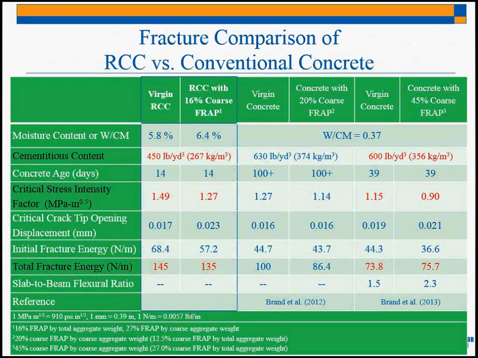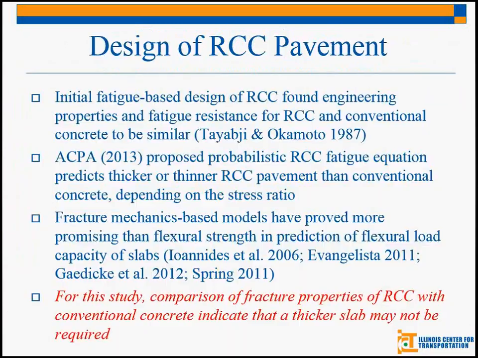And again, this is important for pavements, because it can give us a better idea of how well the cracks are going to stick together, and how much energy is going to be required to completely separate two surfaces in our pavement. Okay, so from that, we can conclude a few different things.